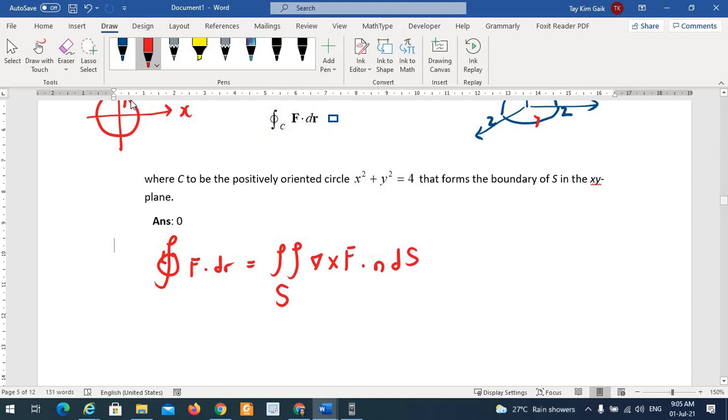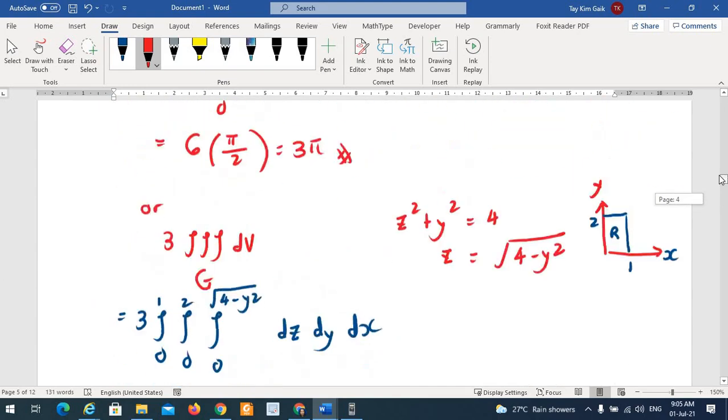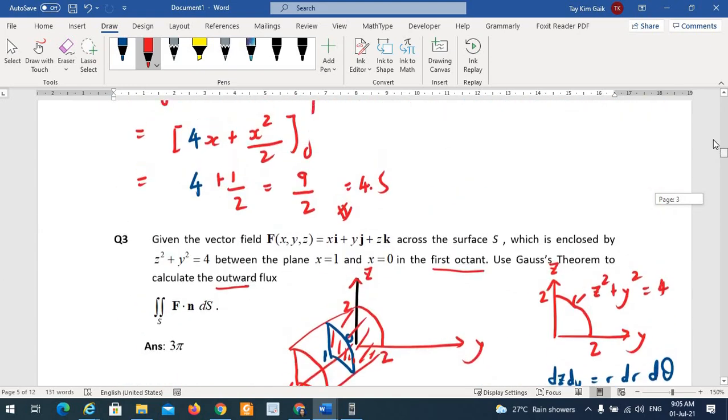Not like in the second example in the lecture notes, where we have the tetrahedron surface with three curves, and then it is faster to use the Stokes theorem.